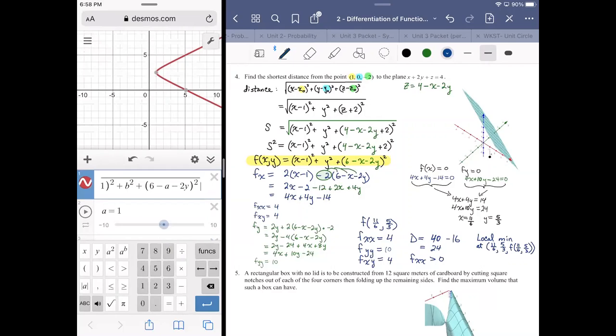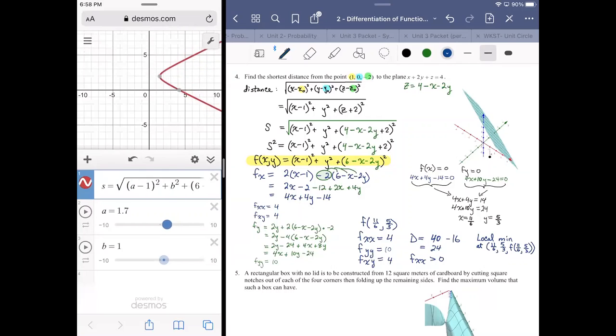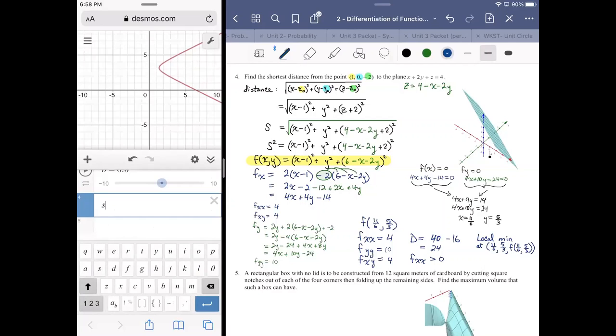All right, so that's my distance formula. Now what I can do is slide back and forth here and determine values based off of that relationship. And it gives me a function model. And just get the S value down here.